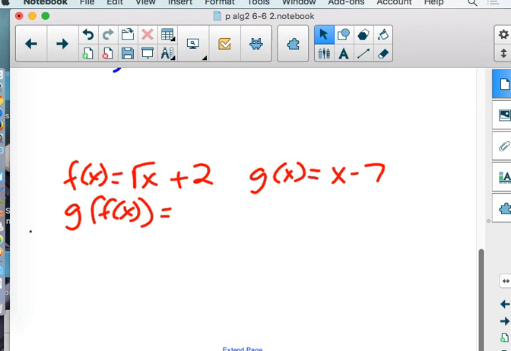Domain 2. See, lots of right answers, but do the domain as well.